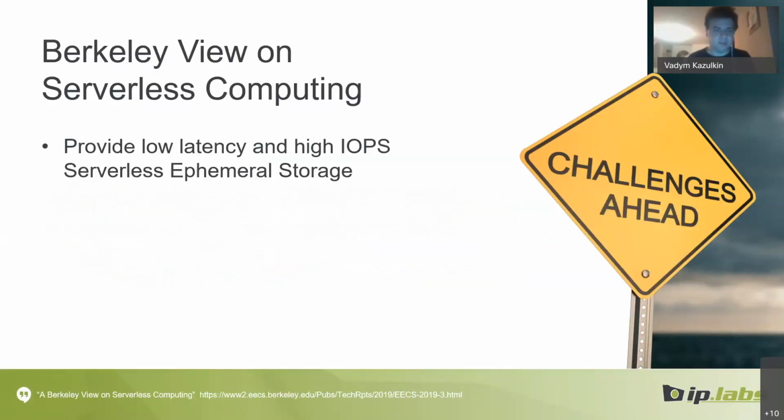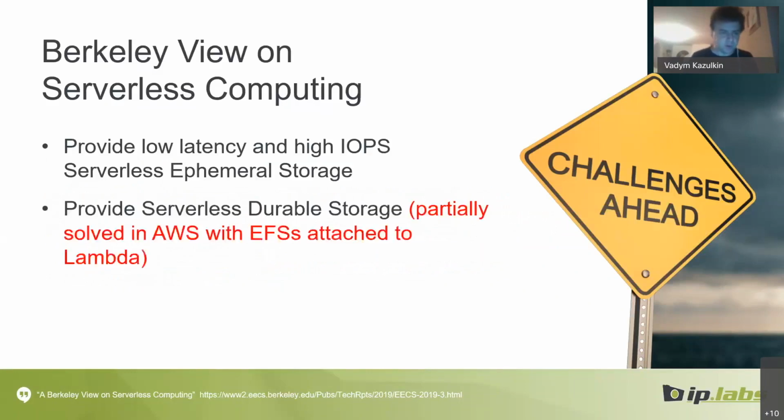It's not enough what S3 currently provides. Also, durable storage. It's partially solved with Elastic File System, and Azure offers Durable Functions, but generally you would like to have a combination of durable storage, SSD-based storage, something like memory storage, like Memcache and so on. It's also currently not possible.